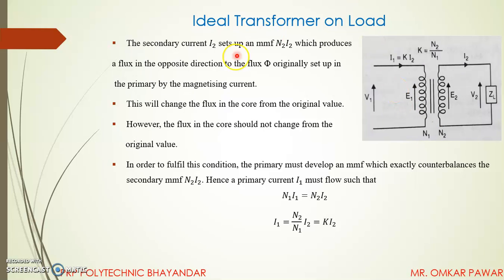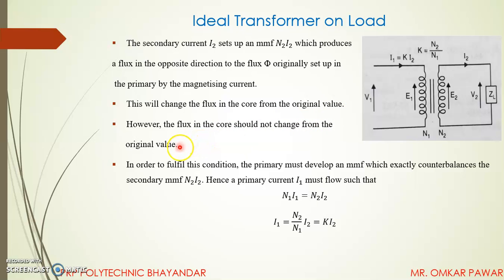The secondary current I2 sets up an MMF, that is magnetomotive force N2 I2, which produces a flux in the opposite direction to the flux phi originally set up in the primary by the magnetizing current. This would change the flux in the core from its original value. However, the flux in the core should not change.